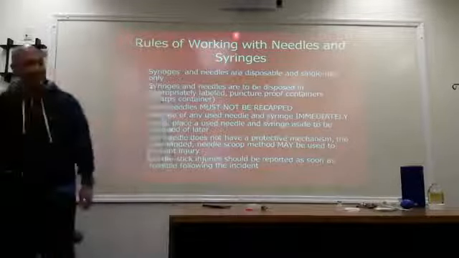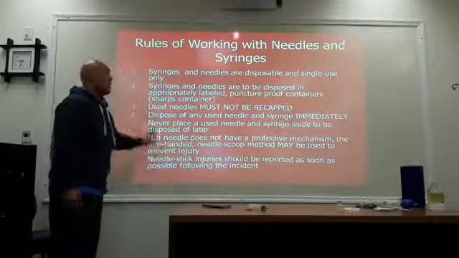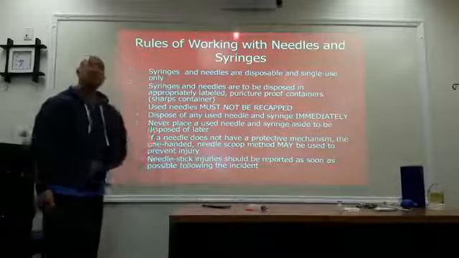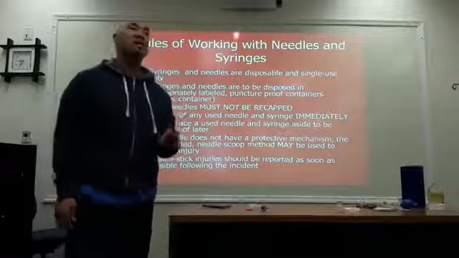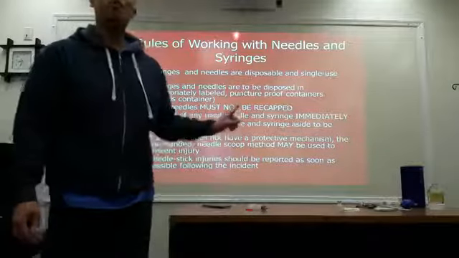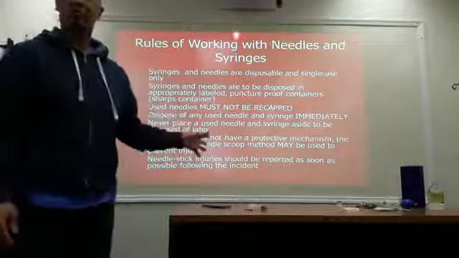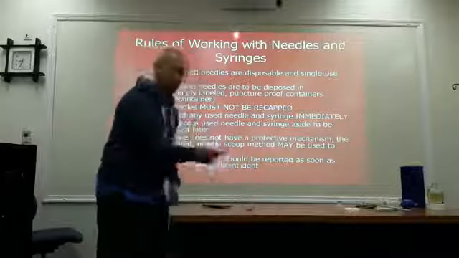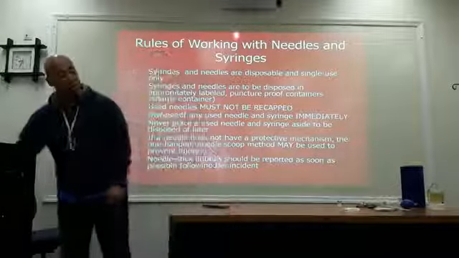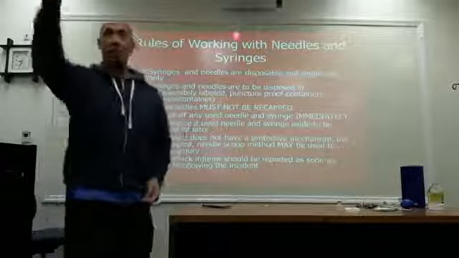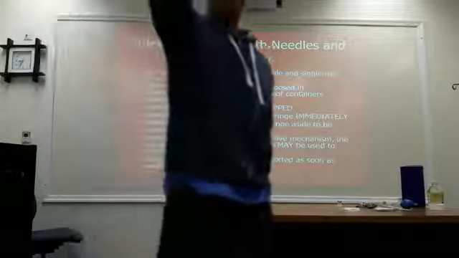All right. Now, there is such a thing that is known as the one-handed scoop method. It's talking about recapping, and it's in the book. If you need to recap your needle, you're only going to use one hand.